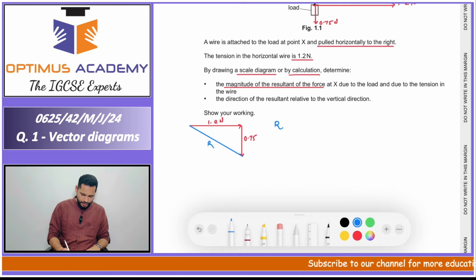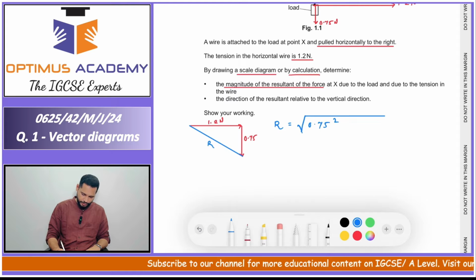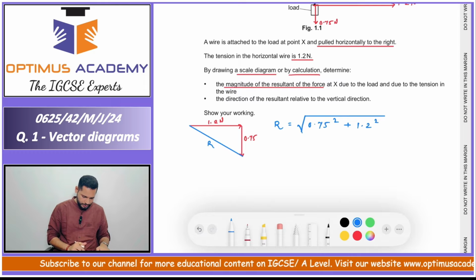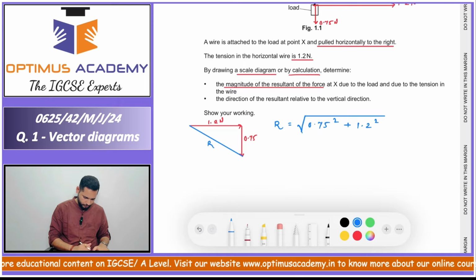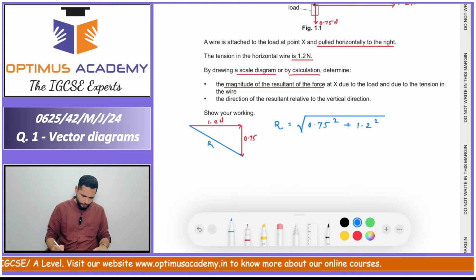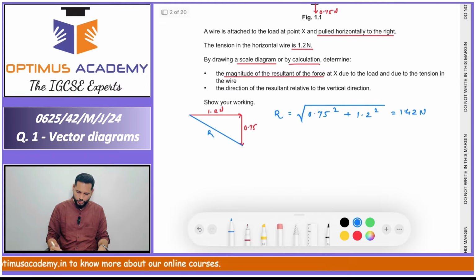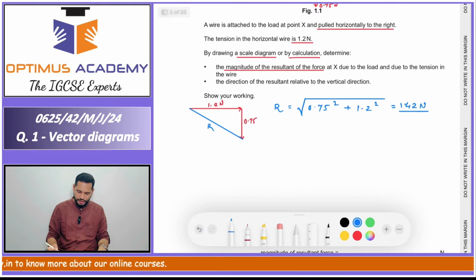So R will be equal to under root 0.75 square plus 1.2 square. If we do this on calci, we get 1.42 Newton. Now 1.42 Newton is going to be the value for resultant force.